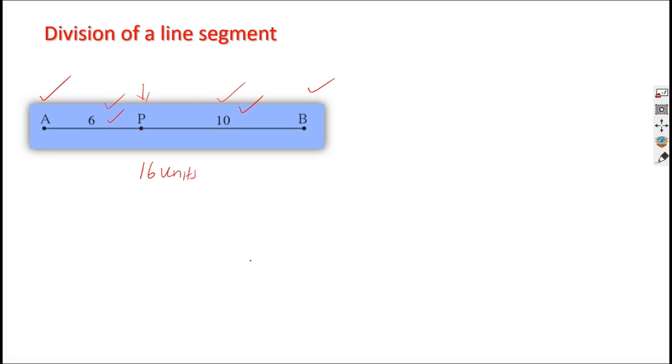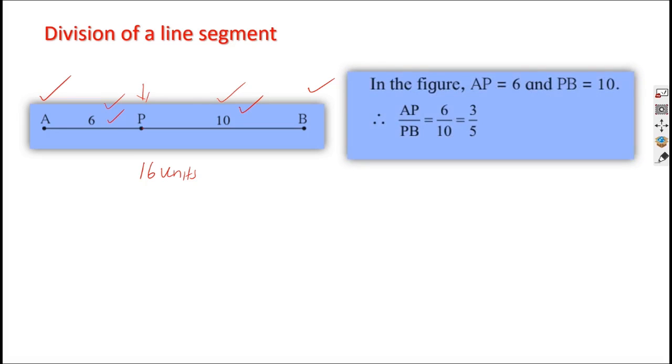So we can say that in this figure AP is equal to 6 and PB is equal to 10. AP upon PB can be written as 6 upon 10. The ratio of the distance between AP and PB can be written as 3:5, or 3 upon 5, correct? This is the second thing that you should remember.